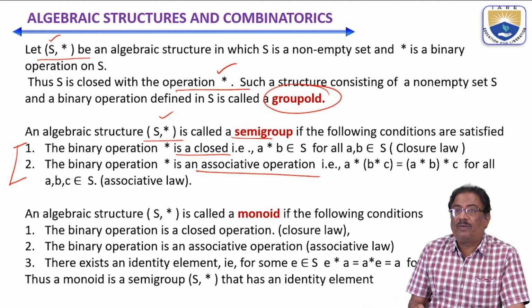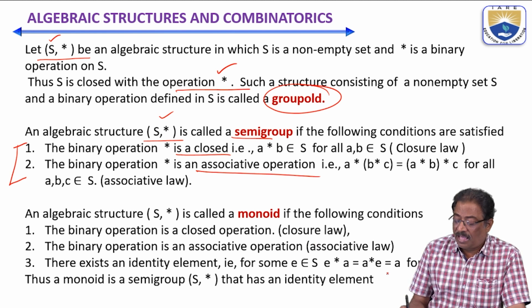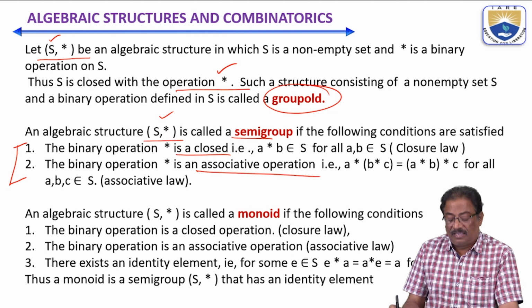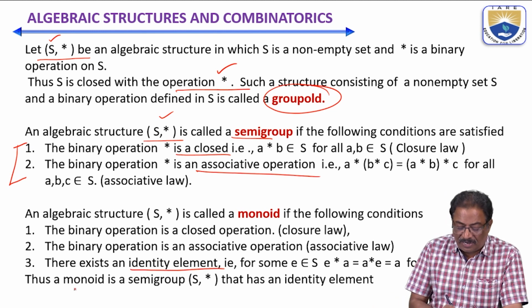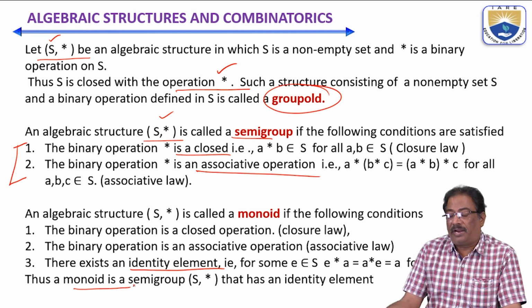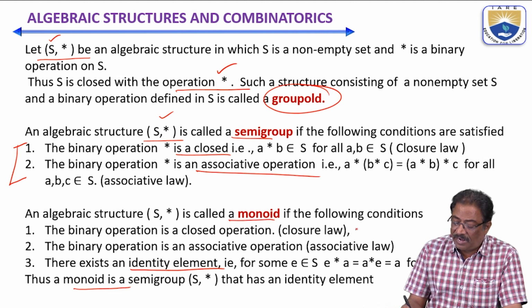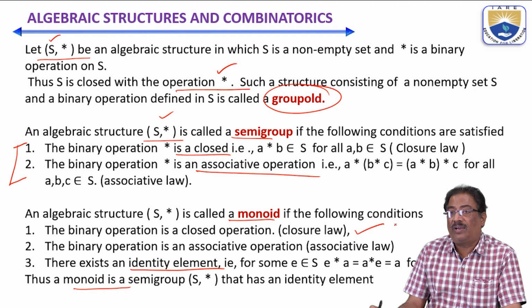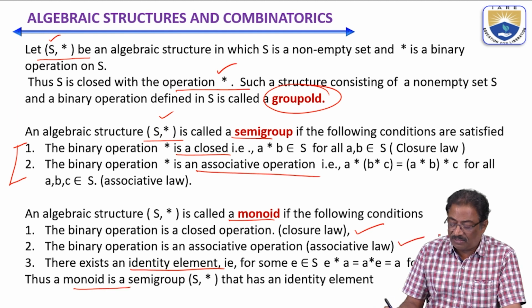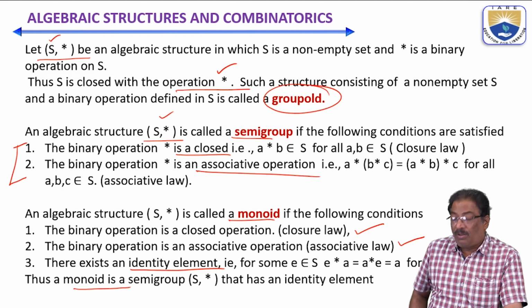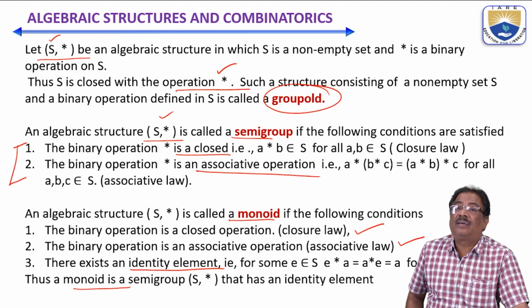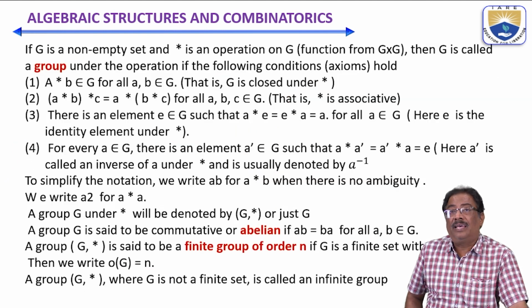Now any semigroup, if it additionally satisfies the identity element, then we can say that it is a monoid. So a monoid means the closed property is satisfied, the associative property is satisfied, and the identity element exists.